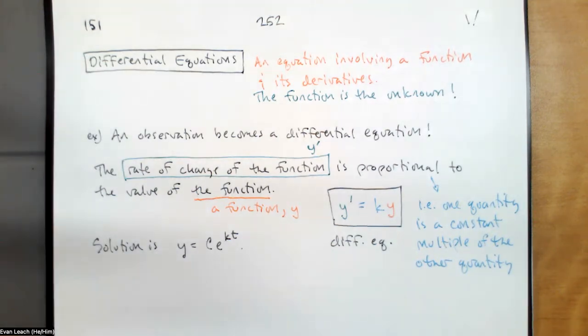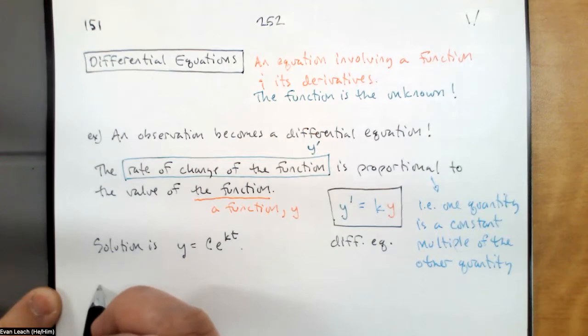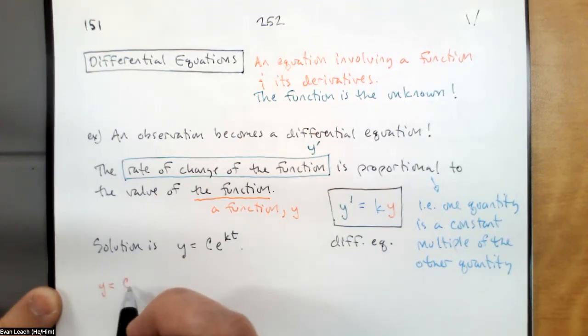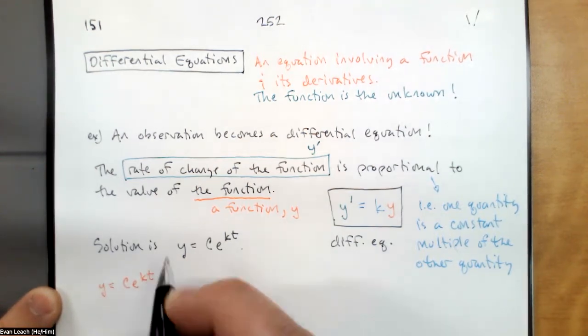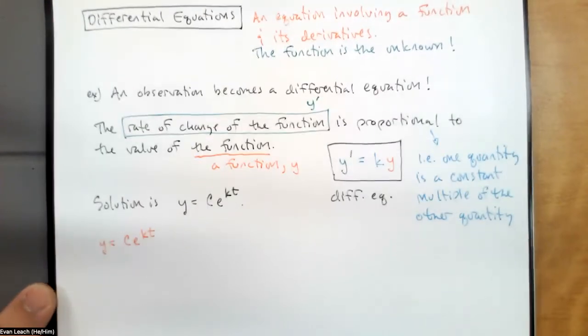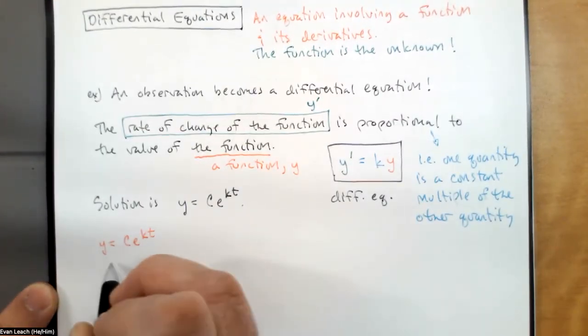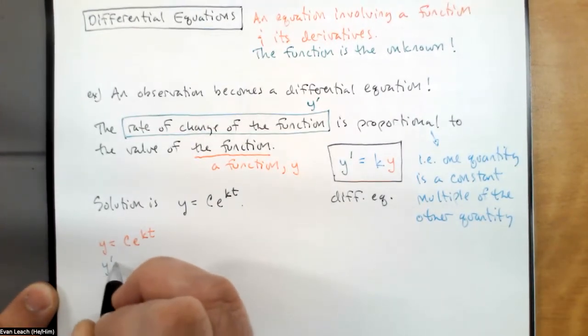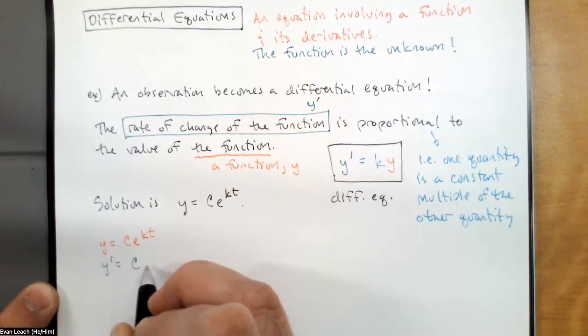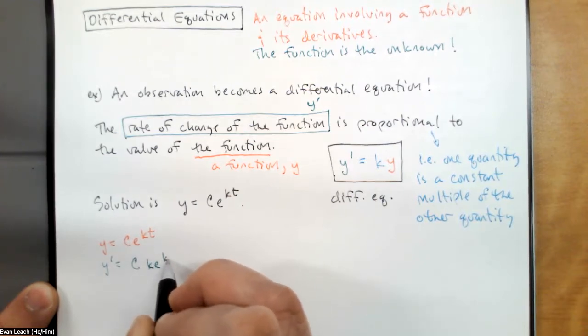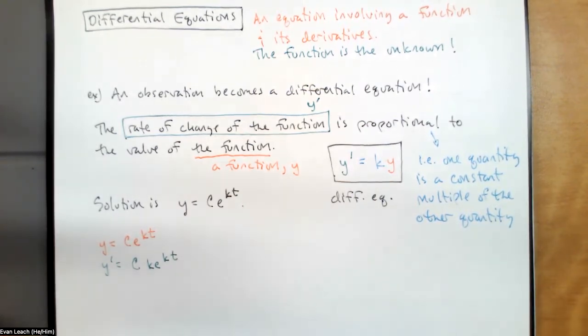So if y is equal to ce to the kt, then y prime is c times ke to the kt, just using the chain rule.